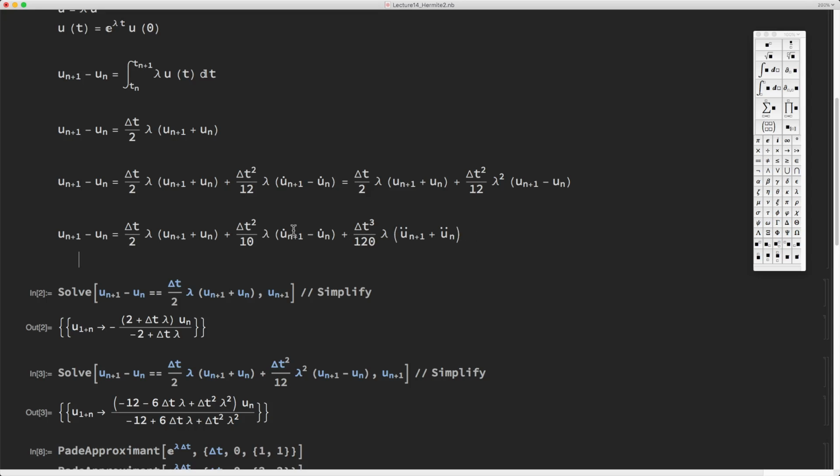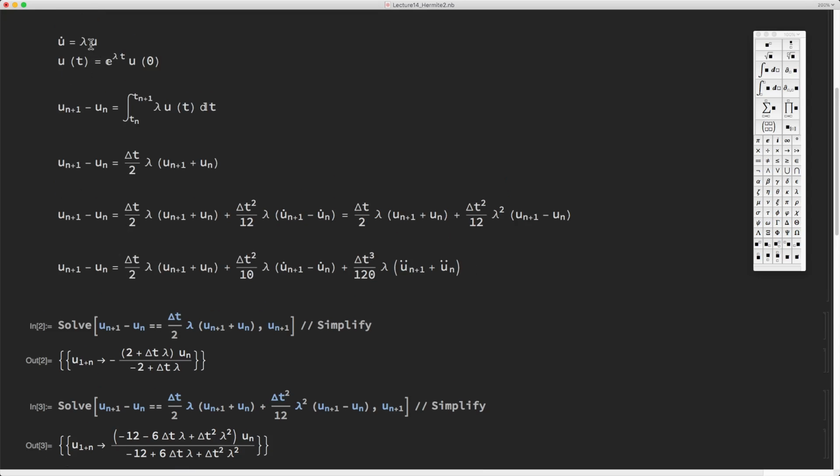And then we can replace u dot from the differential equation. It would be lambda u, and then u double dot we can get by differentiating this equation, so u double dot is lambda u dot, which is lambda squared times u.